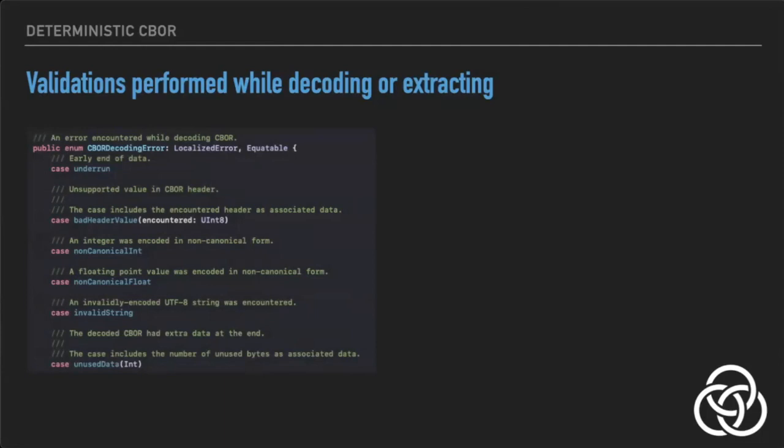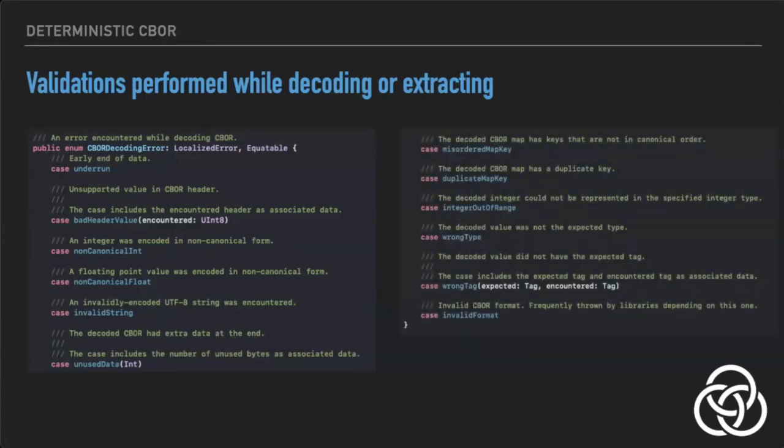Then there are bad header values, non-canonical int or float, invalid UTF-8 strings, and unused data at the end of the stream. If too much data is encoded, meaning you successfully decoded it all but there's still data left, that's some kind of encoding error, so we flag that. Misordered map keys, as I mentioned before, and duplicate map keys aren't allowed.